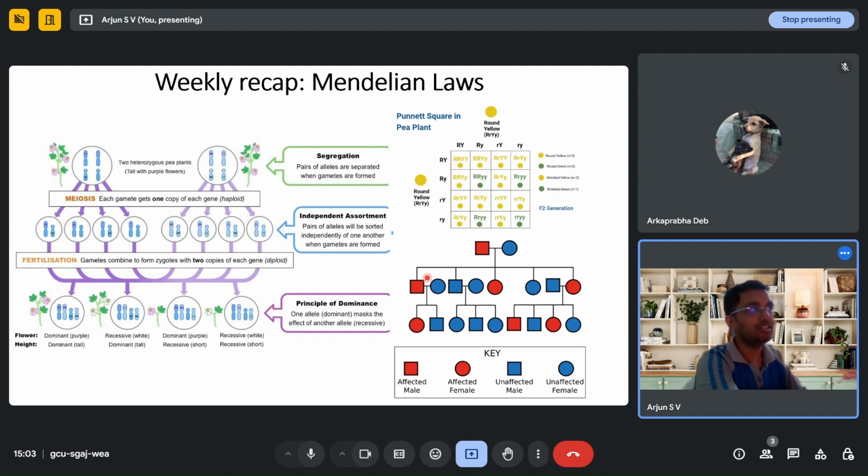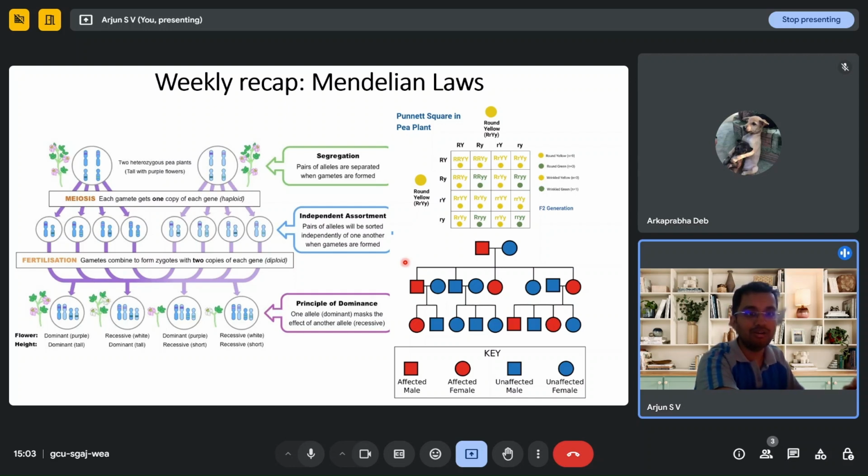After that, we looked in detail into Mendelian genetics and how Gregor Mendel, a famous monk and botanist, did some experiments on pea plants, and found some interesting mathematical results based on how dominant or recessive each trait is. And he came up with certain laws of inheritance, mainly the law of segregation as well as the law of independent assortment.